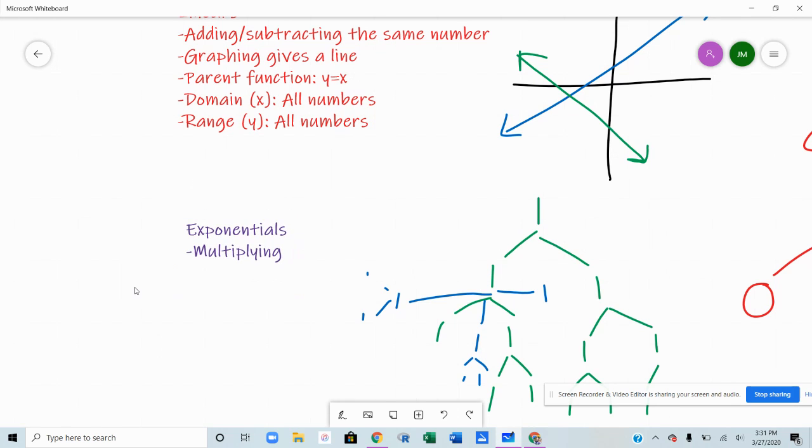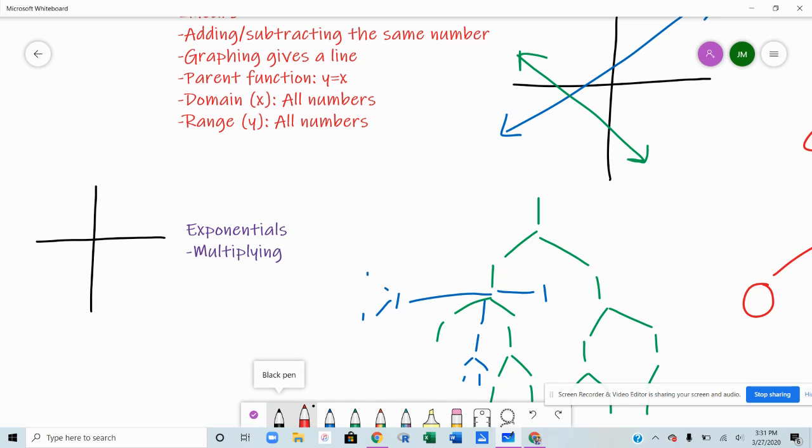Let me come back. Your graph, we don't have a specific name for the graph shape, but I will just remind you that your graph is kind of this swooping, it will look like this, where it's increasing everywhere. Or your graph might look something like this, or be decreasing everywhere.